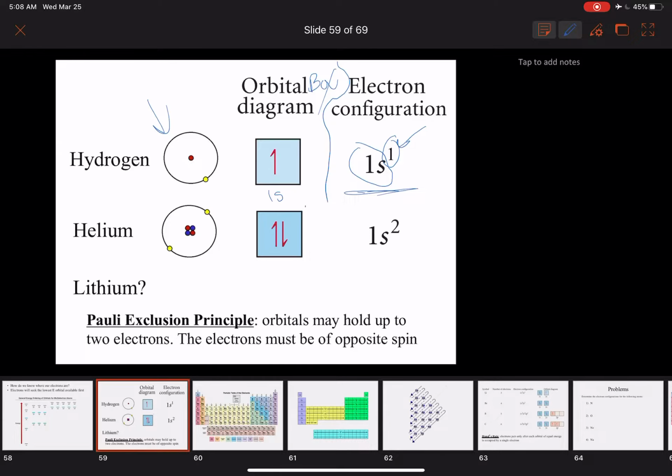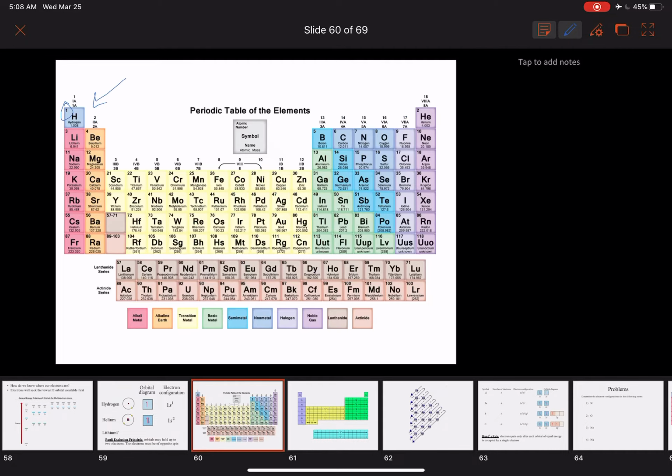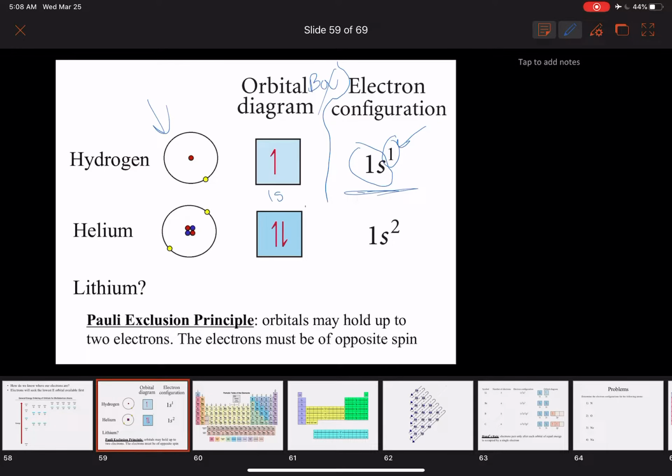Now for helium, which is over here, that is atomic number 2. So we've got 2 protons and 2 electrons there. How we draw the orbital box diagram for helium is right here. We draw that box and we label it as the 1s orbital, and we put those 2 electrons in that 1s orbital.